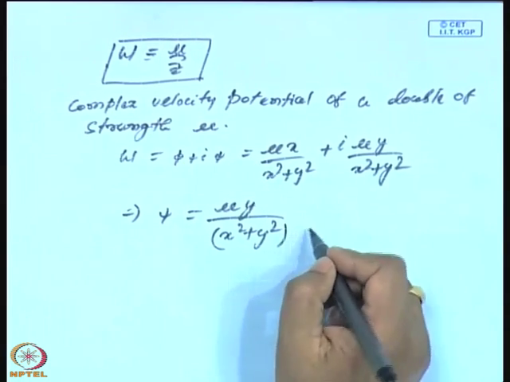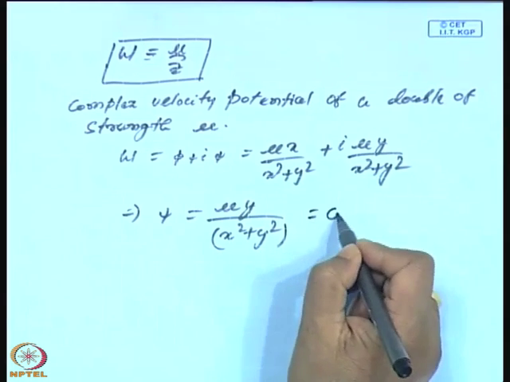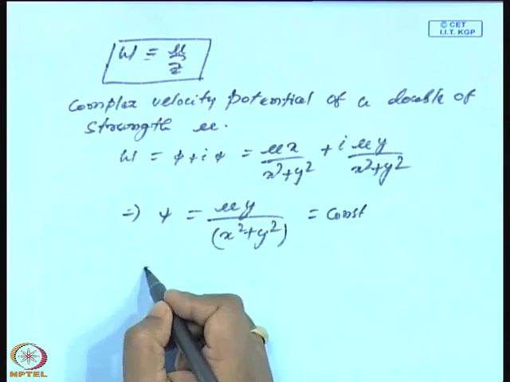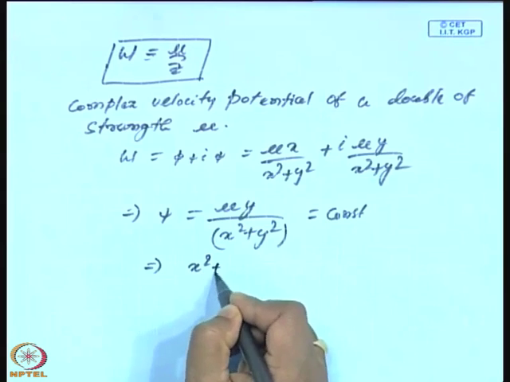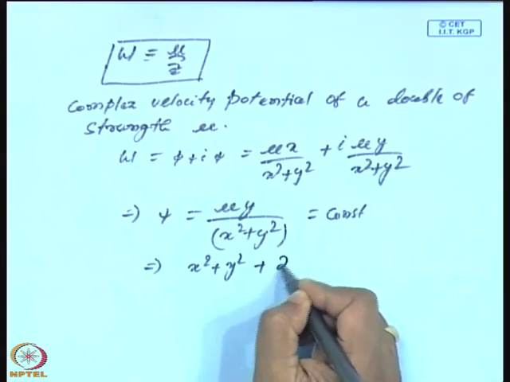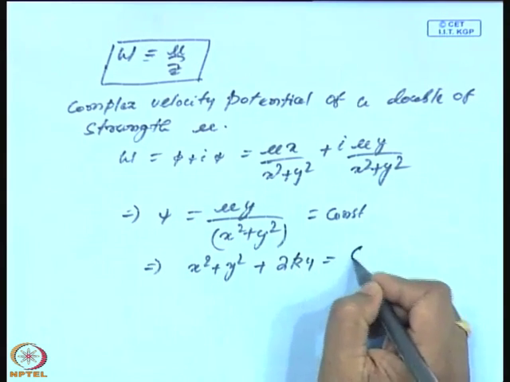And if this is constant, that means this will give me the streamlines, that is x square plus y square plus some 2ky is equal to constant.